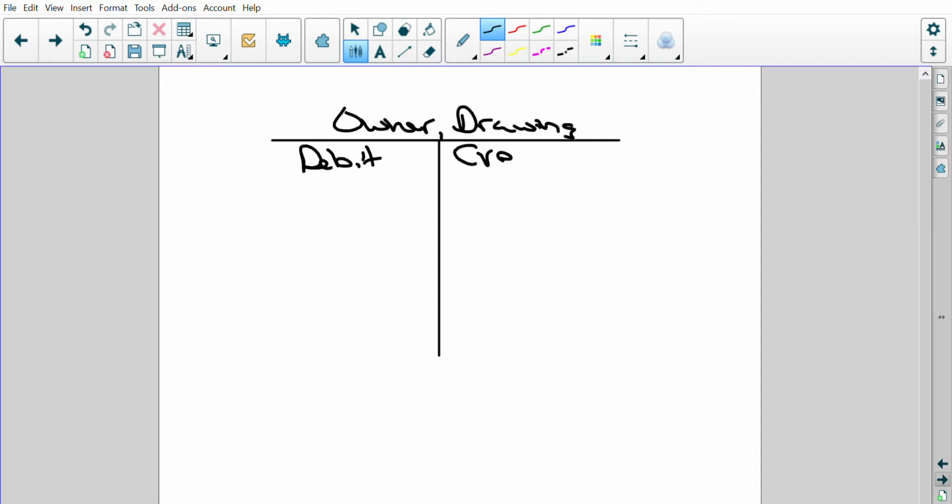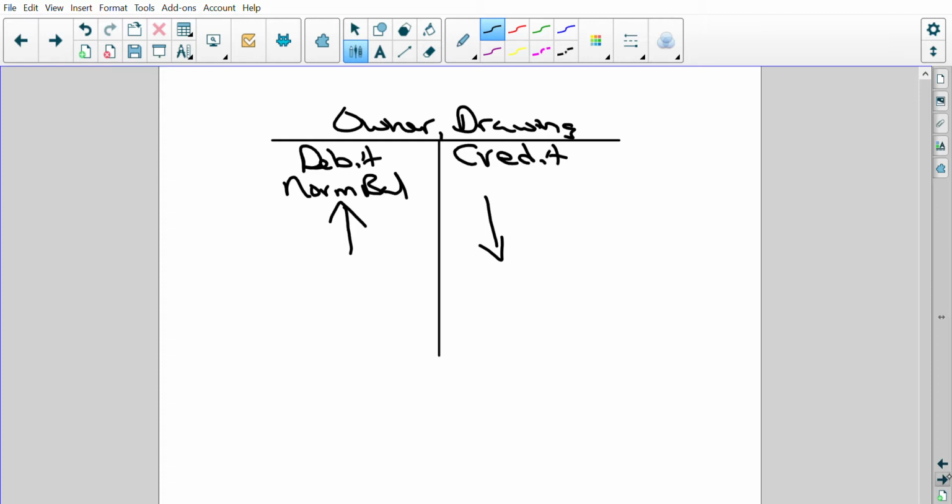Right side is credit. Again, it's opposite of the capital. So normal balance, increase, decrease. Questions on that?